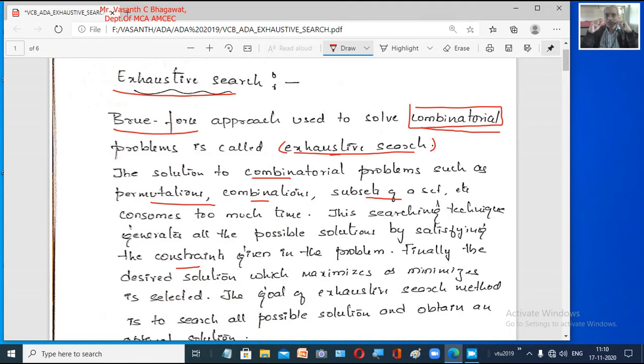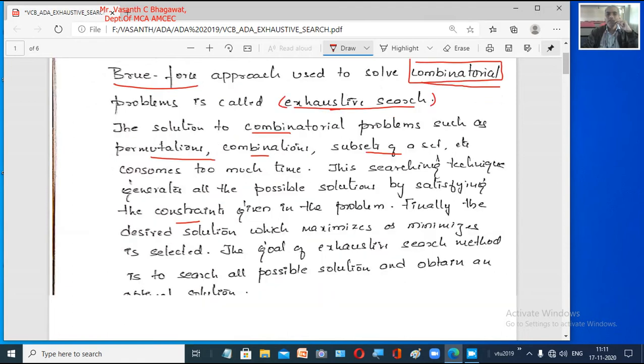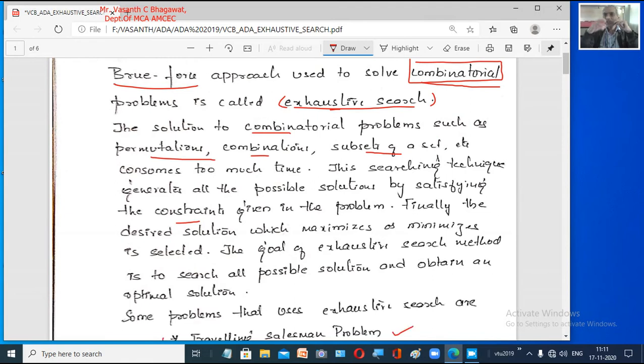So the searching technique that we are going to apply here, called exhaustive search, generates all the possible solutions by satisfying the constraints of the given problem, and finally we get the desired solution. Now the solutions of this type of problems can be either a maximize or a minimize problem.